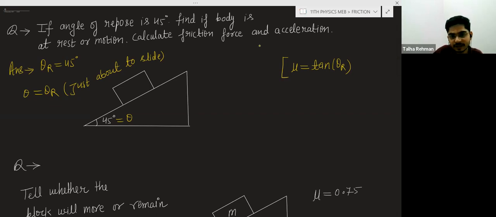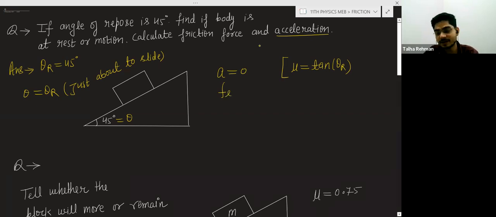So this thing is clear. The acceleration will be 0 because in actual this is not sliding, so the acceleration of the block is equal to 0. And what will be the friction force? Friction force will be the limiting friction force, because the applied force becomes equal to the limiting friction force.